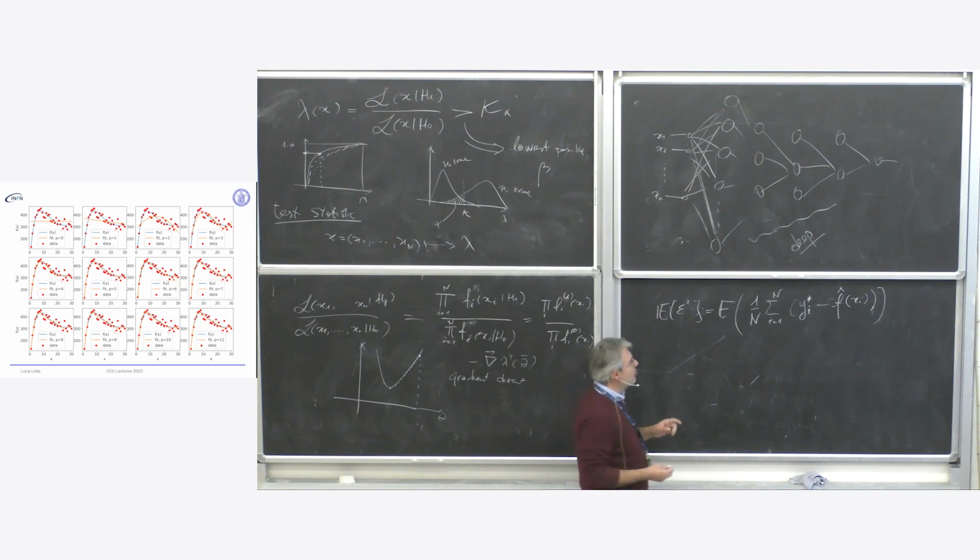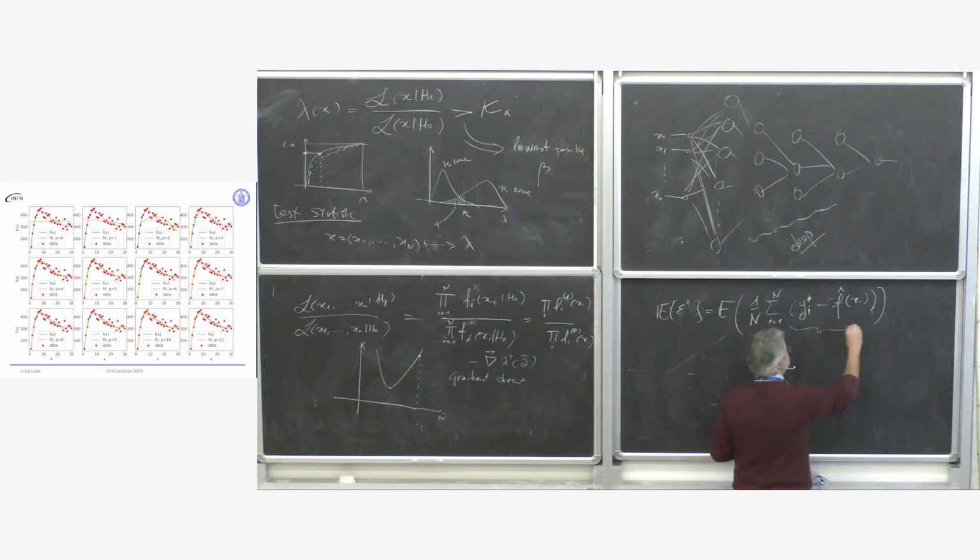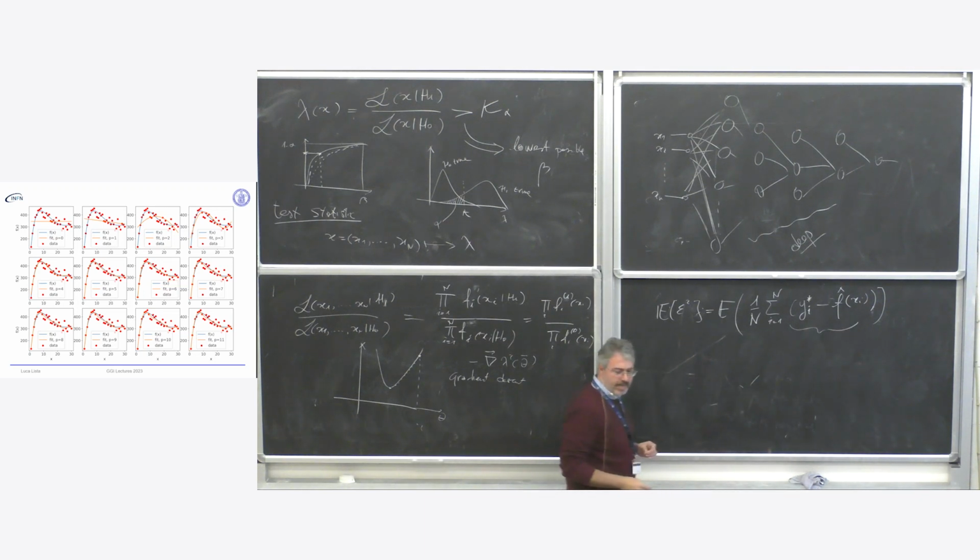If I consider just one of these points, I can call theta hat the fit value at a given point. I drop the subscript i for simplicity, and then I call theta star the value that I measure.